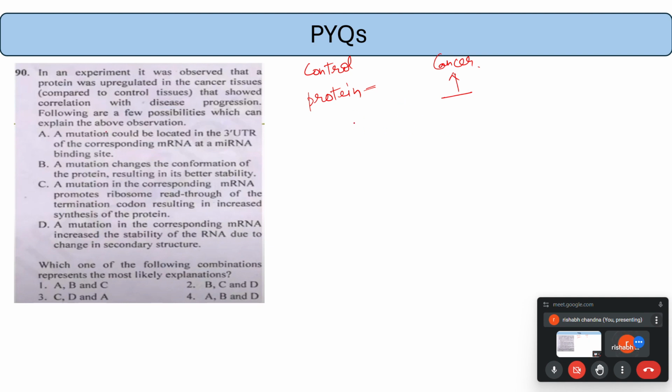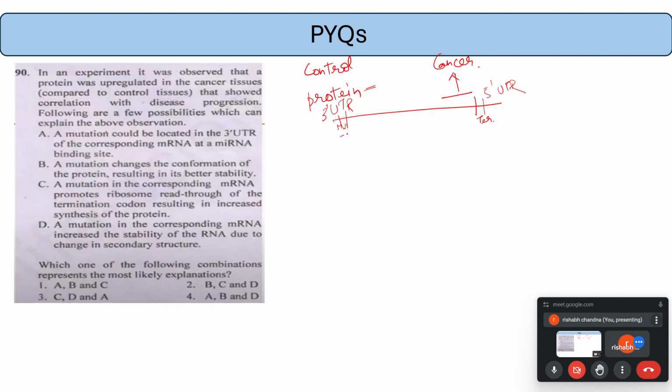So this is the mRNA. Here we have the 3' UTR, that is the untranslated region, that regulates the process of translation. This is the major structural gene, and we have the 5' UTR region before it. Okay, so the observation is a mutation in the 3' region.